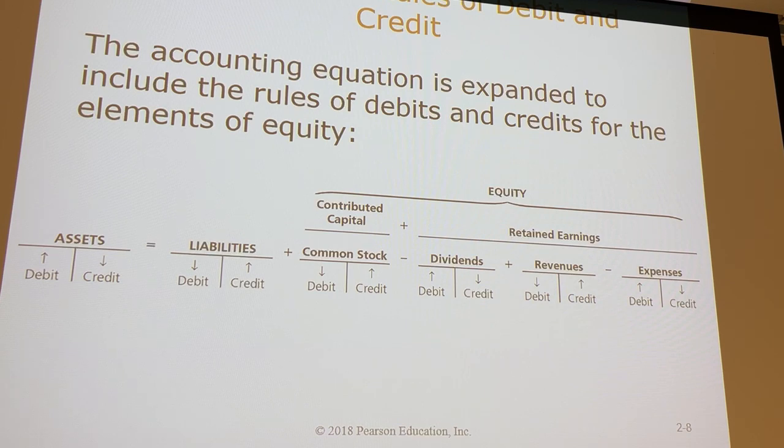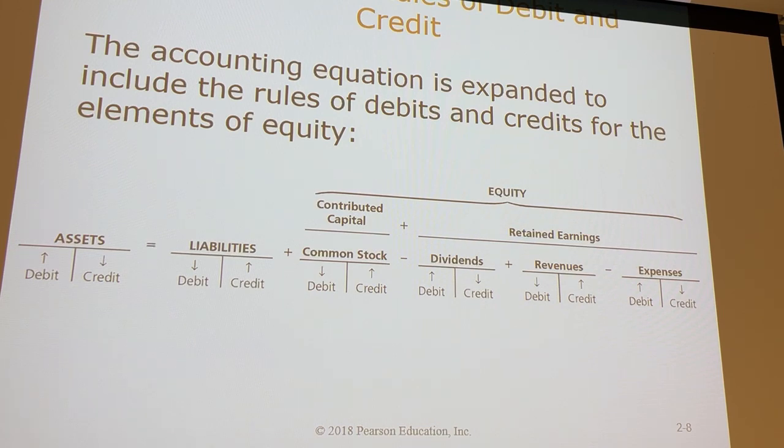Now, here's an expanded diagram of how the rules of debits and credits work. So you'll remember back in chapter 1, we said with equity that common stock and revenues cause equity to go up. Dividends and expenses cause equity to go down.